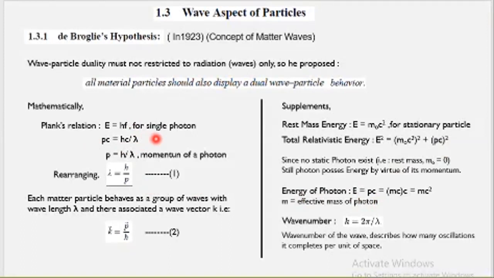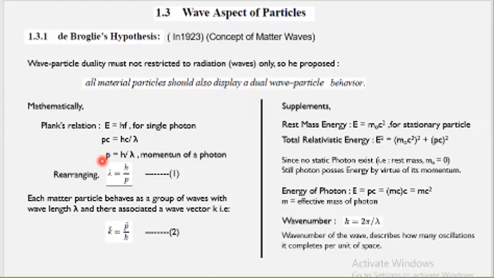After some simplifications, we get the relation for the momentum of a photon, which is Planck's constant by wavelength. Now, here p is denoting the momentum.